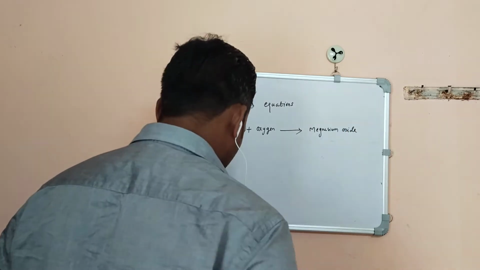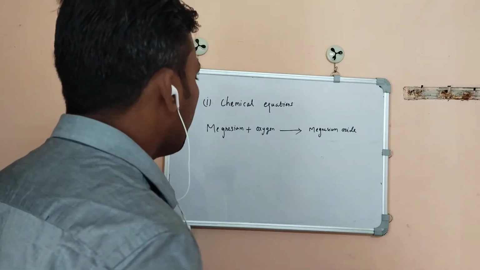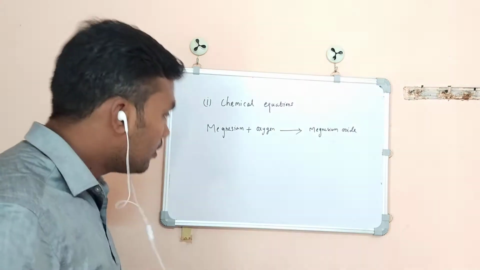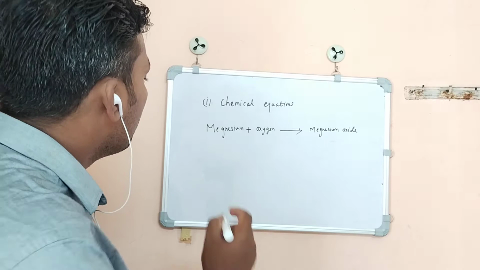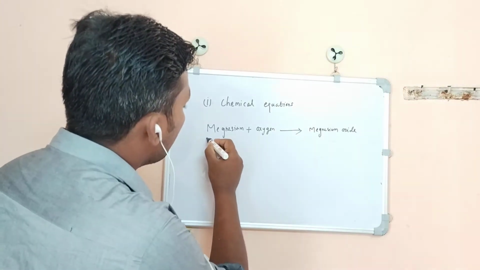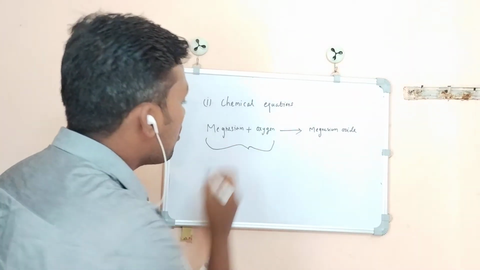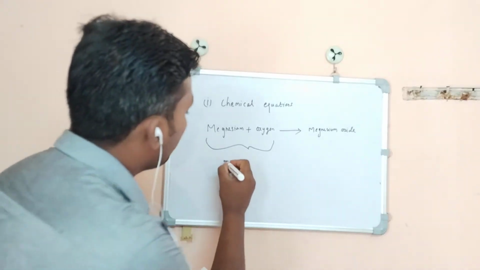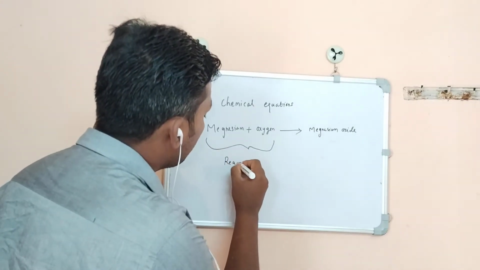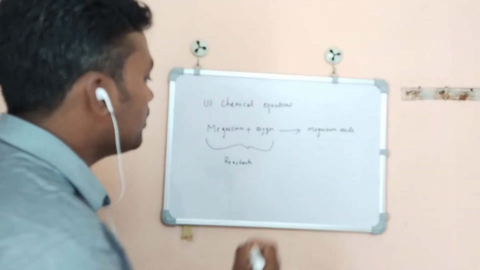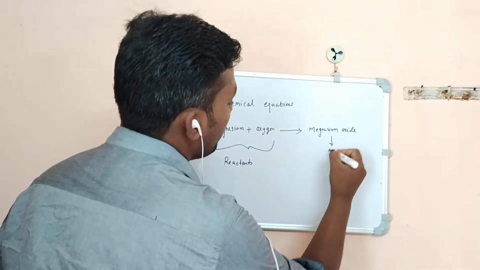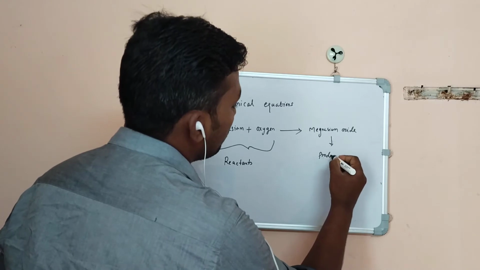This is the reaction that we are going to see as an example of a chemical equation. Magnesium and oxygen are the reactants here. Magnesium oxide is the product.